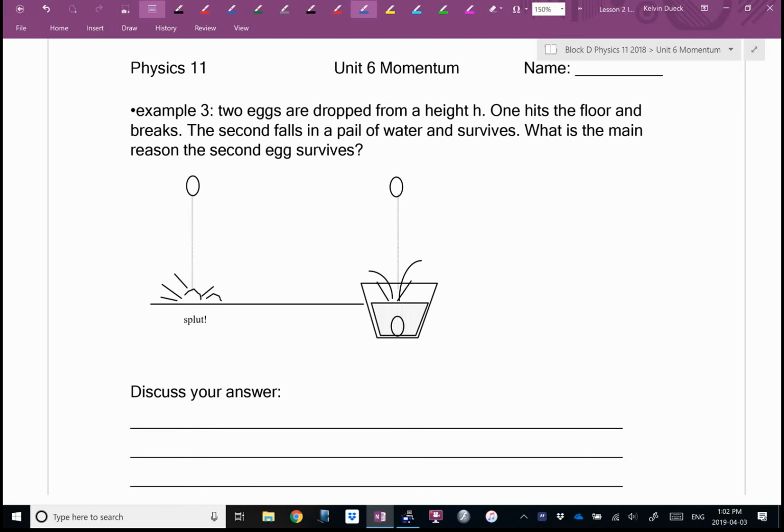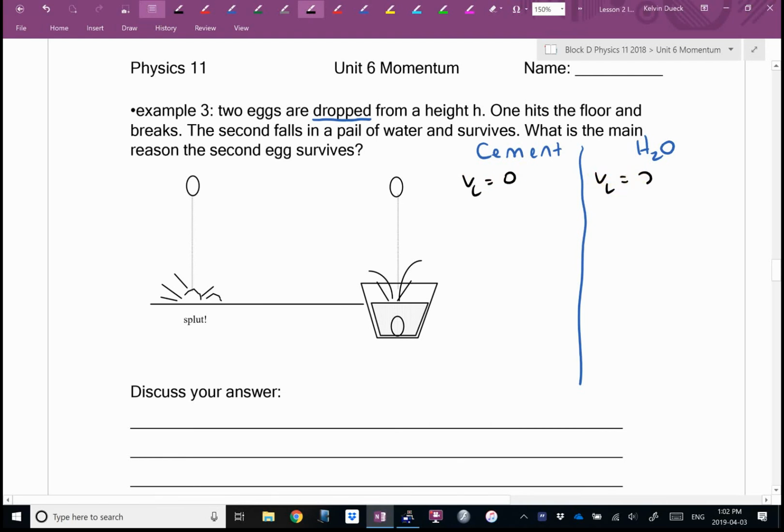Okay? Let's do a little cement, water, H2O. Dropped. What's VI for both of them? Are they both falling the same height? Yeah, so let's make a little note here.